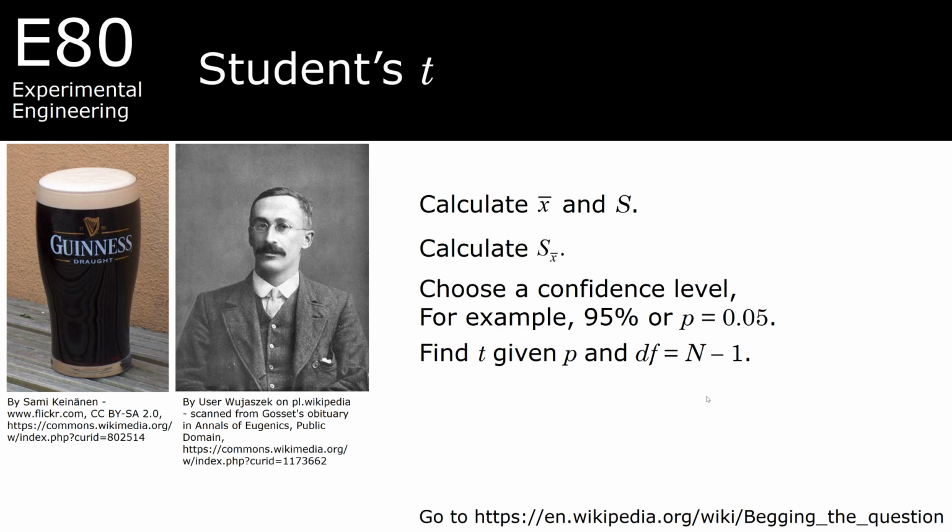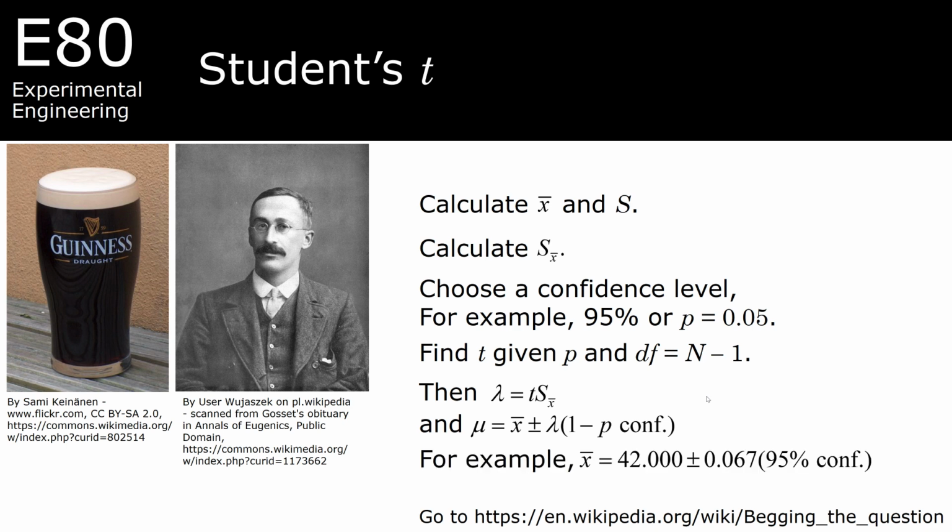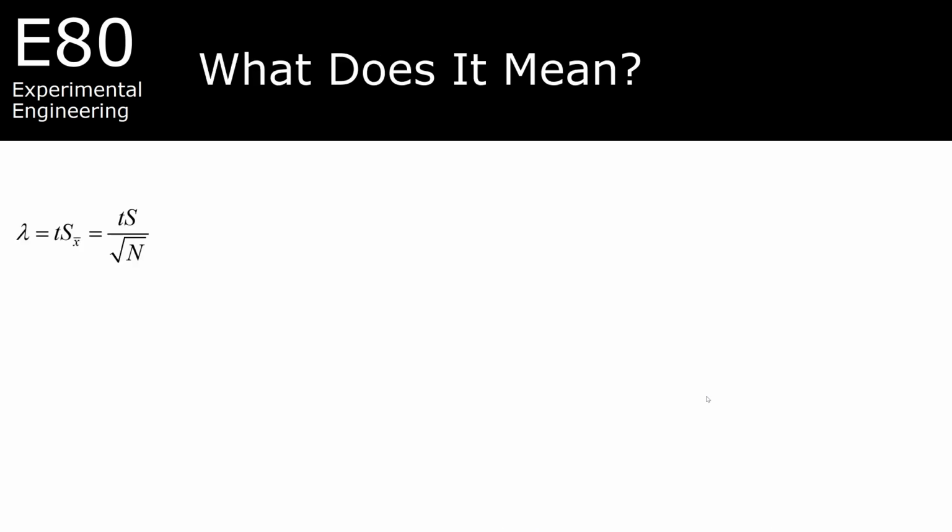We use the two-sided table, the most common case, if the true mean can be on either side, and look up the value of t. Our measurement is then reported as the mean plus or minus t times the standard error with the confidence level given. You can linearly interpolate in the table if necessary. For example, x bar is 42.000 plus or minus 0.67 with 95% confidence.